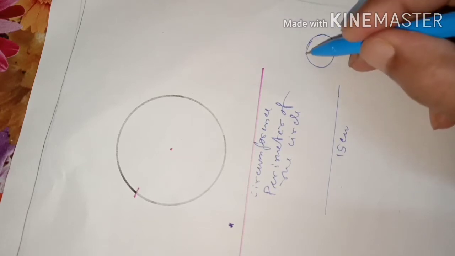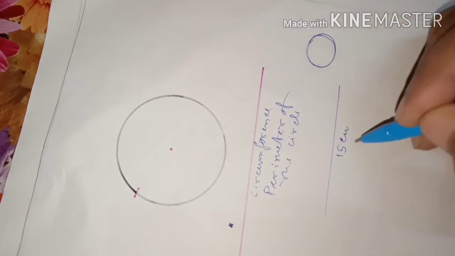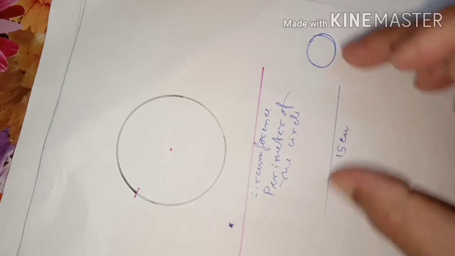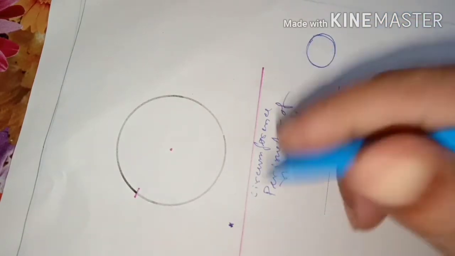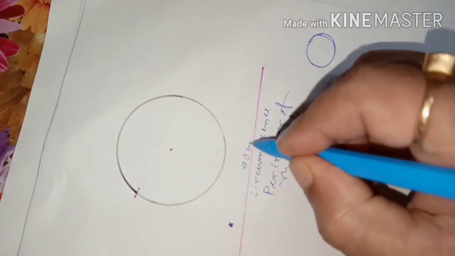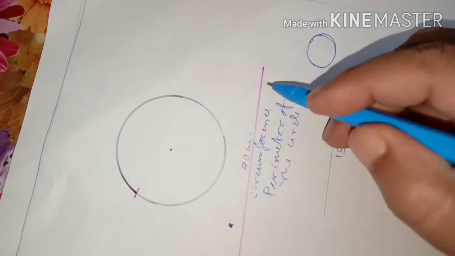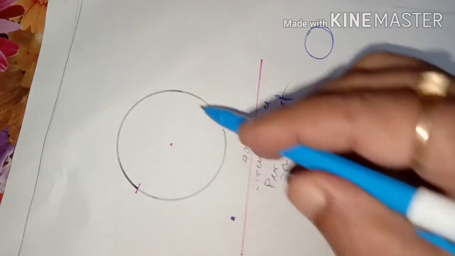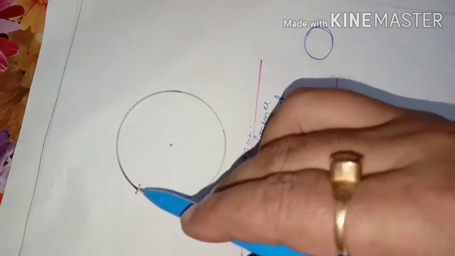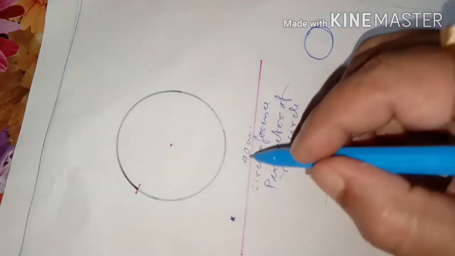The boundary length of the circle is 15 centimeter, because you have taken 15 centimeter length. Suppose this is 40 centimeter and you have reshaped this thread to a circle, then the boundary length of the circle will be 40 centimeter.